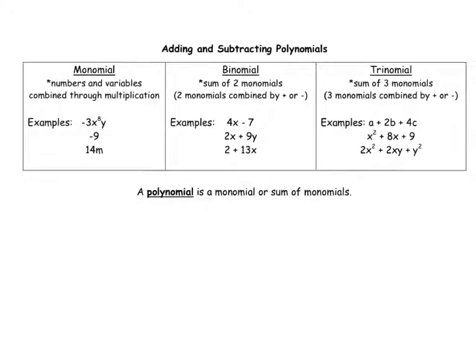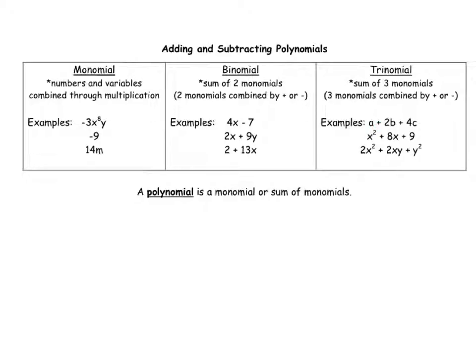A trinomial is the sum of three monomials. So three monomials that are combined by either addition or subtraction. Again, it doesn't have to just be the sum. You can have subtraction in there. And these are examples of trinomials. Tri meaning three.